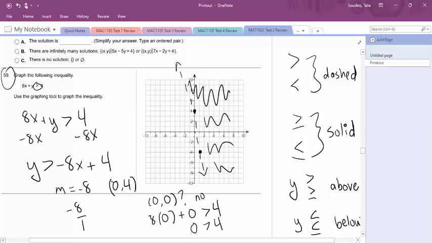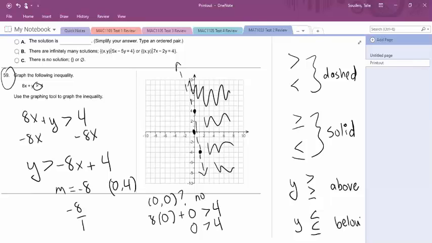It's not a point on your graph necessarily, but I'm just indicating it right now. This is (0, 0), right? And we just figured out that (0, 0) would not be shaded, right? So that means you have to shade the part of the graph that does not include (0, 0), which is what we did here. Because the line always splits your graph into two parts, right? So you're either shading the part with that point if you get a yes answer that it works, or you're shading the part without that point if you get a no.